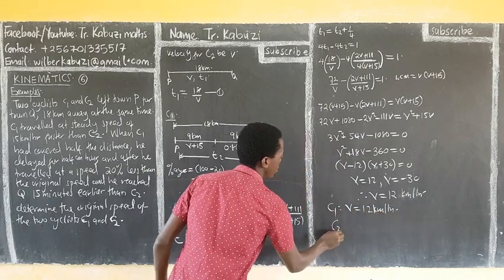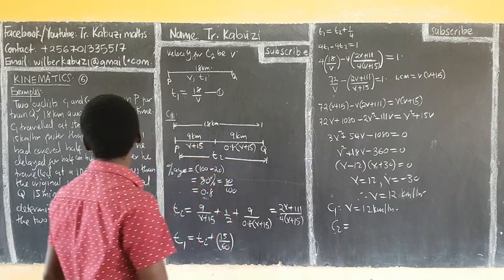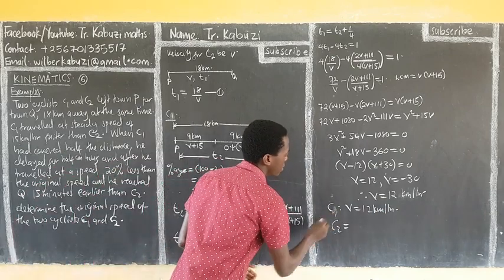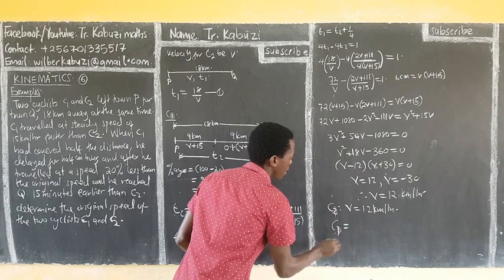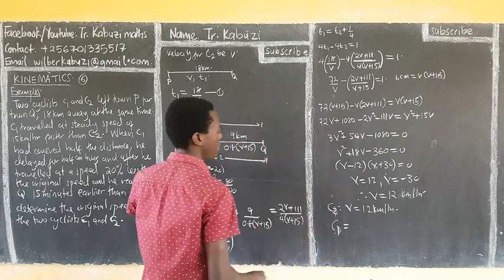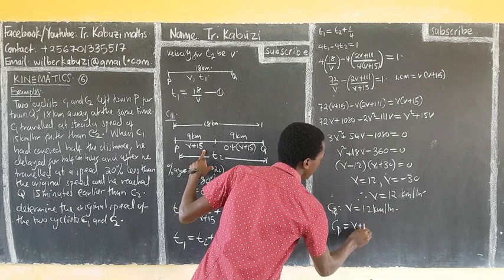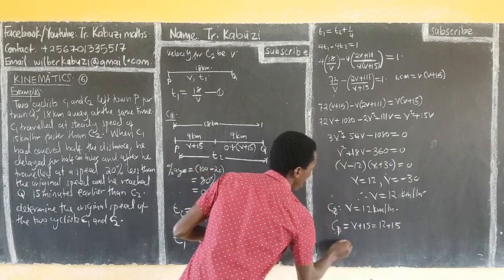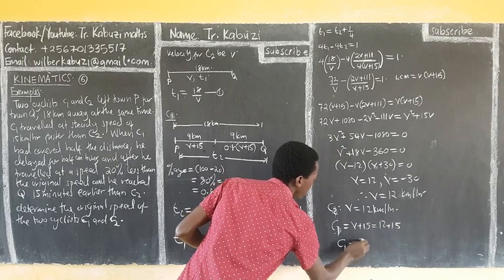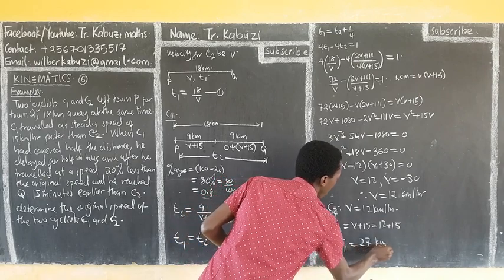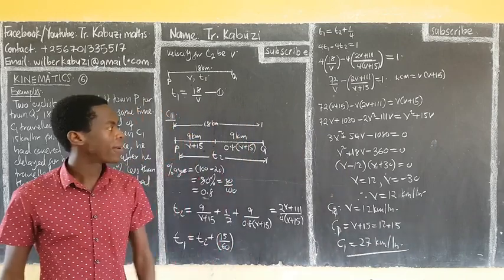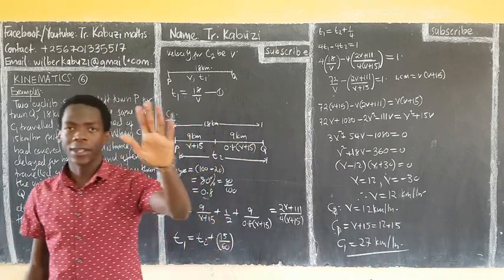Then cyclist 1 was having a velocity of b plus 15, which is 12 plus 15. And our cyclist 1, his velocity is 27 kilometers per hour. So members, that's how we had to go through that question. I wish you the best.